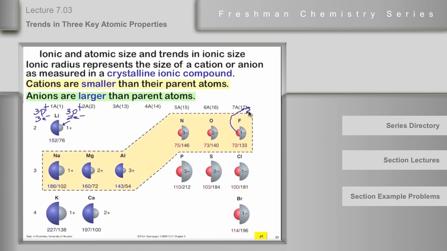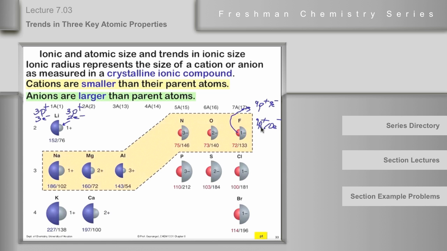So fluorine atom has, what, 9 protons? And 9 electrons. The fluoride ion has 9 protons. And how many electrons? How many? 10 electrons. So the ratio is such that the fluoride ion is larger.